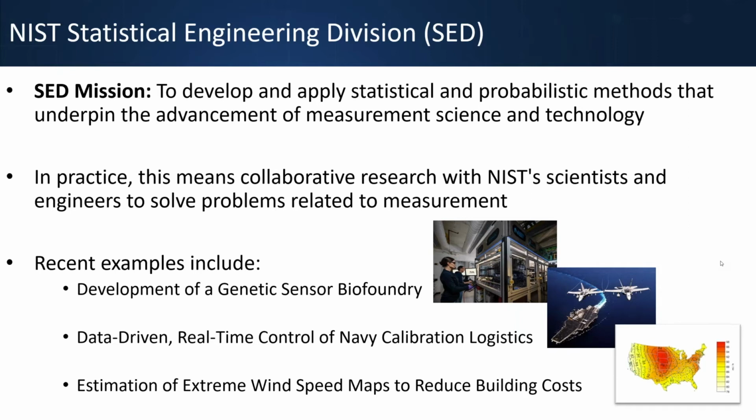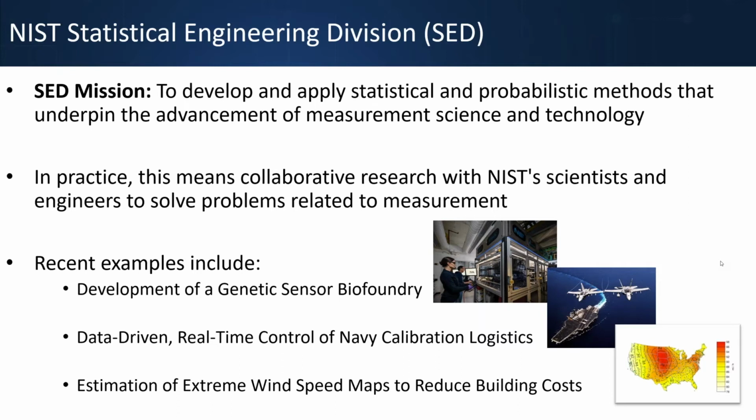So you see our mission there is to develop and apply statistical methods that underpin the advancement of measurement science and technology. So everything we do is driven by measurement science and technology. And of course, we're a group of statisticians, we're all about doing statistical things, but we realize we've got to go beyond that sometimes as well. Just statistics leaves us too narrow, and someone's got to be looking at the bigger picture.